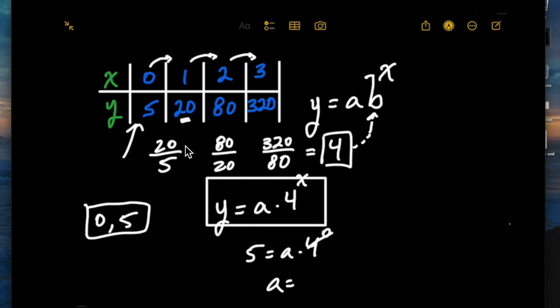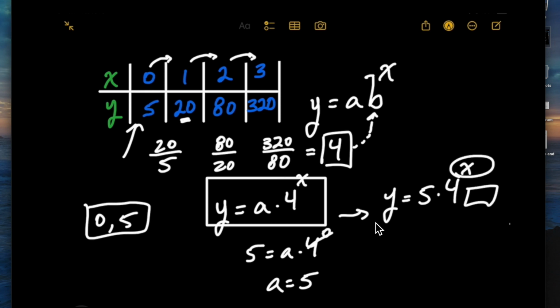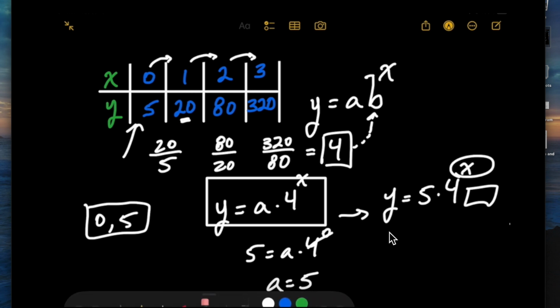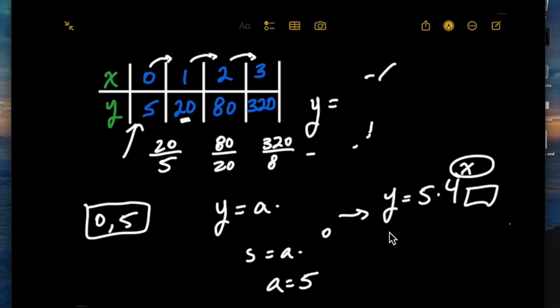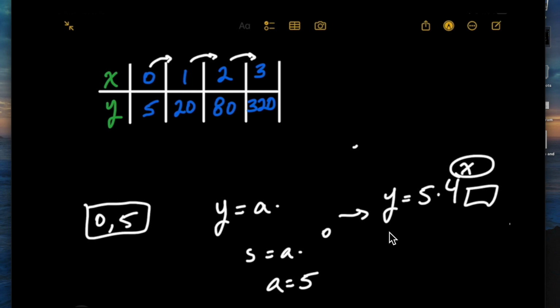A is going to equal 5, and therefore our final function is going to be y equals 5 times 4 to the x. Again, as I alluded to in the opening of this video, the HA is 0 and there's no transformation.